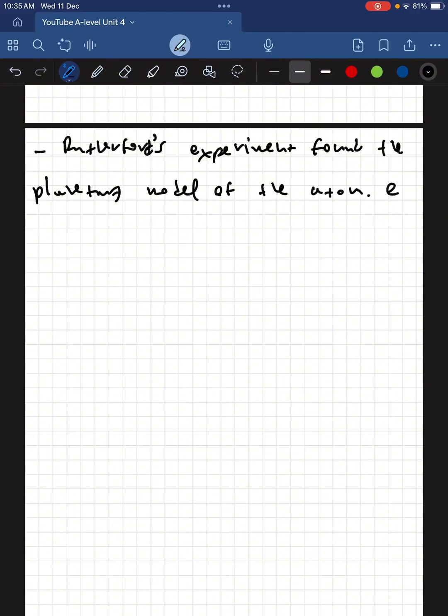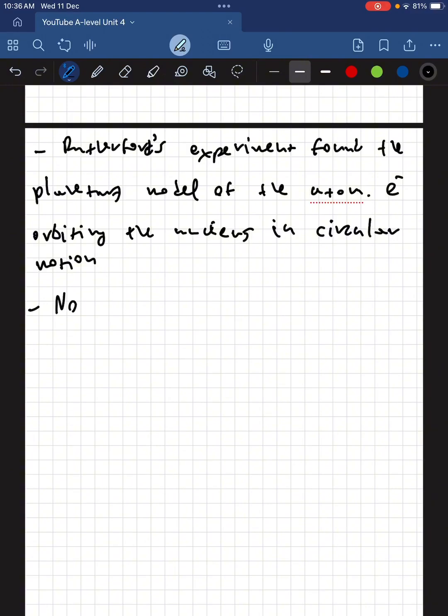And by planetary, we mean that we have electrons orbiting the nucleus in circular motion. But there are no neutrons yet, okay?